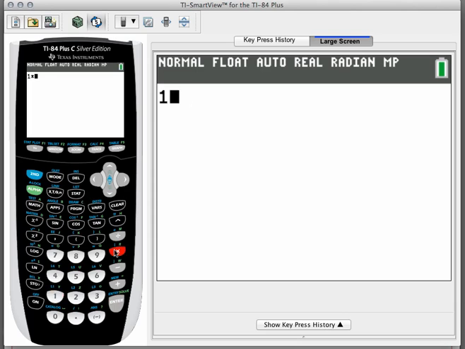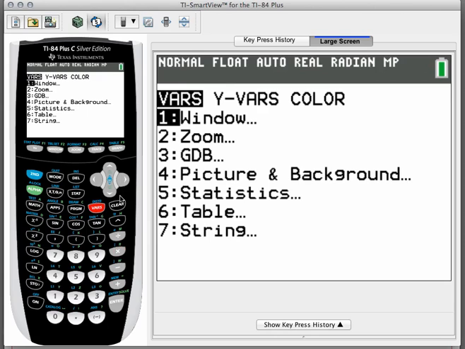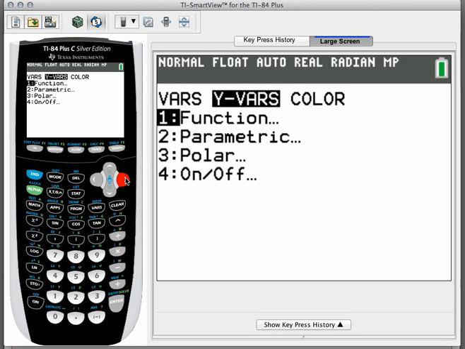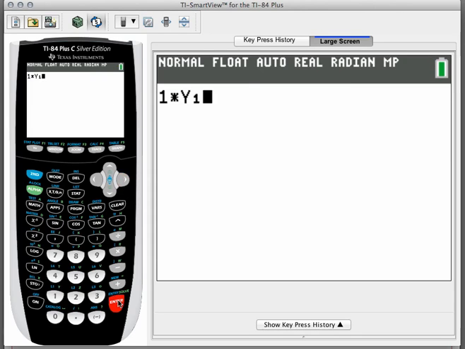So we have 1 times, now remember we needed to substitute 0.5 into the function. Remember, your calculator will do function notation for you. If you hit the vars button, go across the top to y vars, into function, and pull up y1, and we're going to evaluate y1 at 0.5. So it looks like that. It's essentially mimicking the f of x notation.